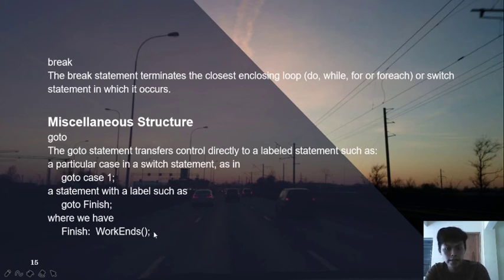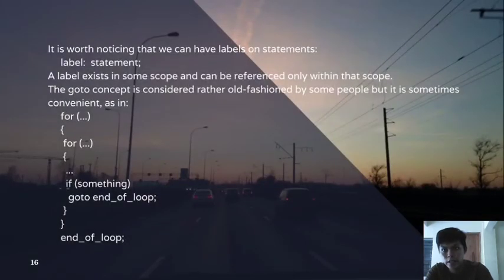It is worth noticing that we can have labels on statements. Label and statement. A label exists in some scope and can be referenced only within that scope. The goto concept is considered rather old-fashioned by some people, but it is sometimes convenient. This goto statement is something we met in first year when we were not yet familiar with it.